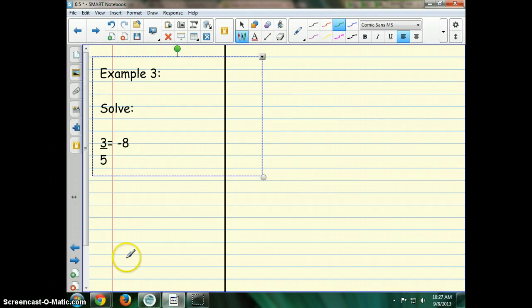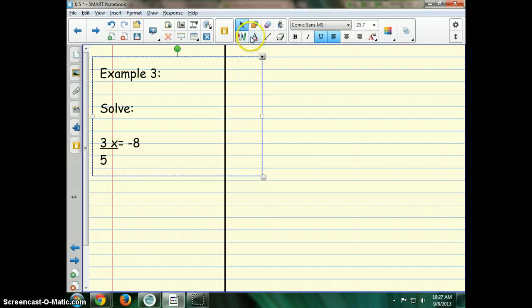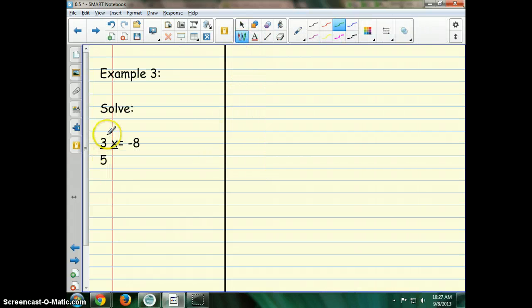And example 3, again, if we just have a fraction, whoops, this one is missing its variable. Let me edit that quick. Alright, so we have 3/5 x, and some people like to put that in parentheses, equals negative 8. To undo multiplication by a fraction, remember we multiply by that fraction's reciprocal.